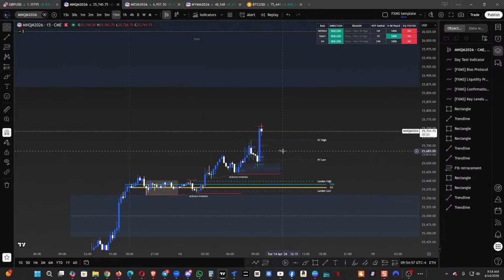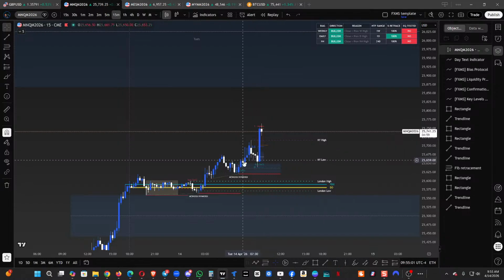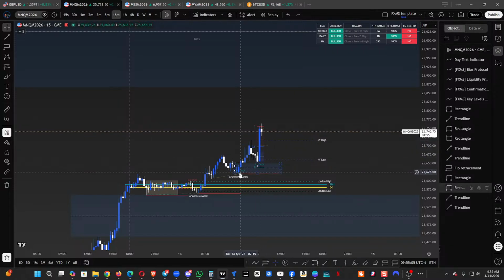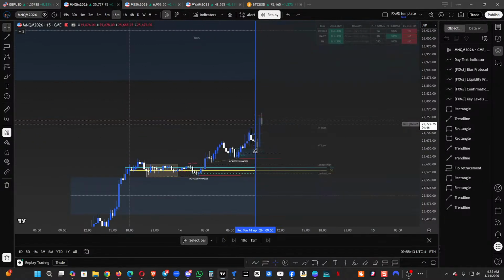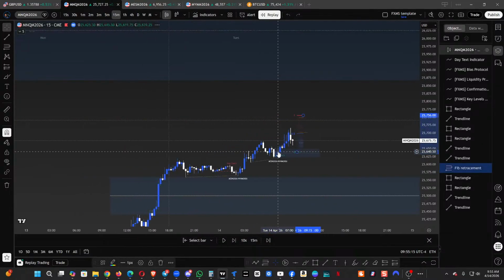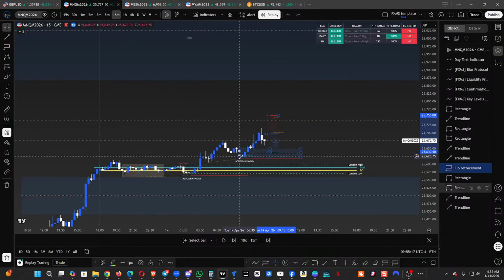All right, so for those of you that watched the pre-market video, okay, in the pre-market we said that we had a range forming, right, ahead of our point of interest, which was our 15-minute order block. So before price had even started, this was our pre-market, right? We had this order block marked.